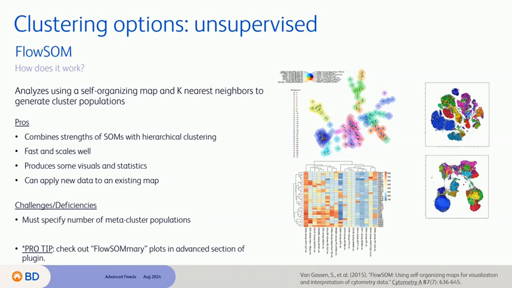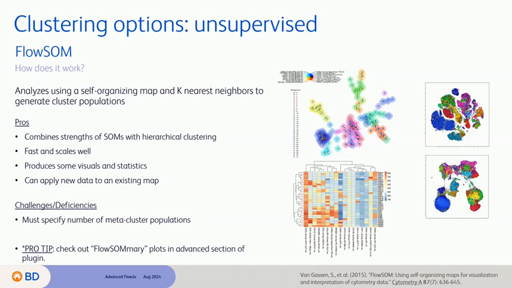The hierarchical clustering step in FlowSOM also helps to ensure that even small, distinct populations are captured. This can be critical in studies where you're detecting rare events. In practical applications, FlowSOM can be used to explore the immune landscape, identify biomarkers, and characterize cellular heterogeneity in various disease states, including cancer and autoimmune diseases.